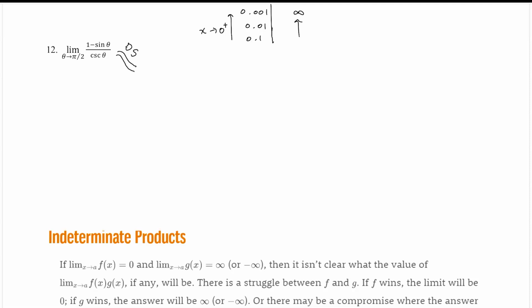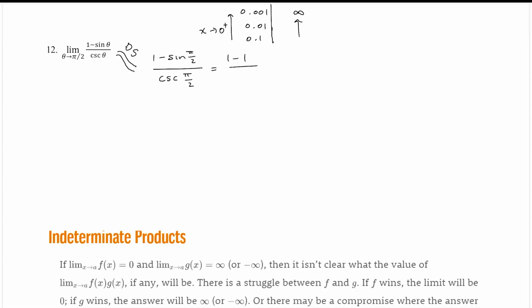Okay, then we have number 12, and again I took a little space here. This is an equal sign where I'm doing direct substitution. That's my first try on any limit. So I'm going to do 1 minus the sine of pi over 2 over the cosecant of pi over 2.